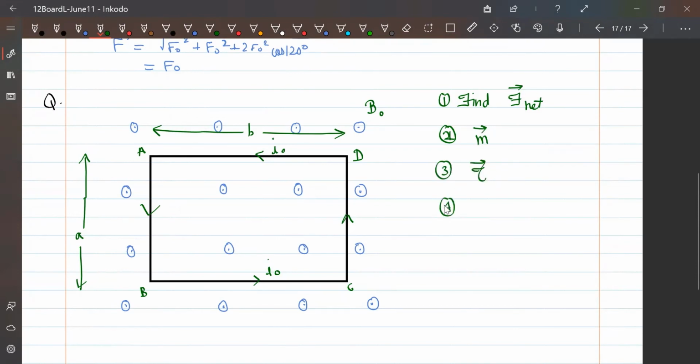Then you have to find the potential energy. Try this. Sir, in this case also net force is 0. Yes, that is right. Net force is 0.